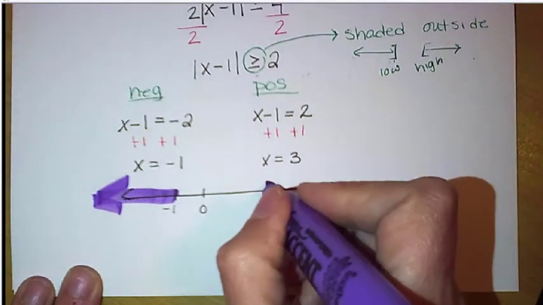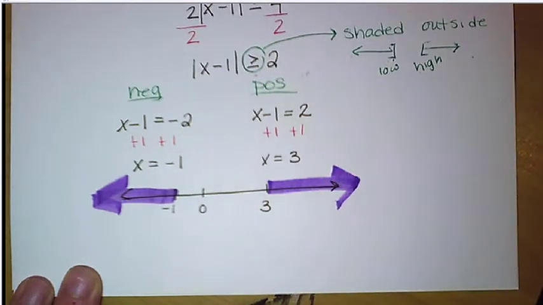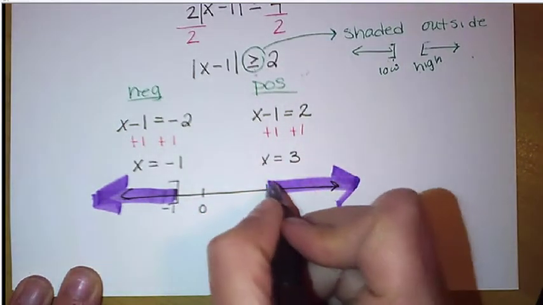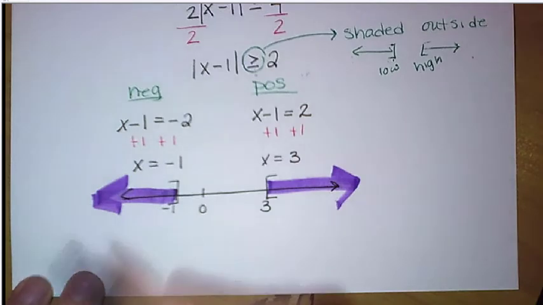And then on the positive side, it's going to go from 3 out to positive infinity. I also know, because I'm dealing with a greater than or equal to symbol, that both of these are going to be brackets.